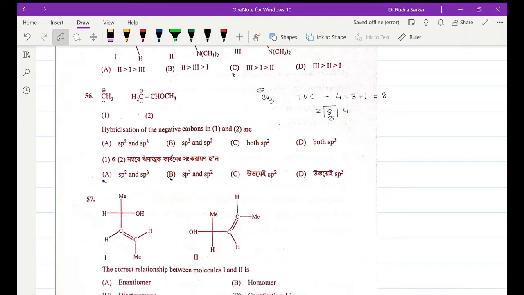And as discussed in the solution of this particular paper, whenever the steric number is equal to 4, the hybridization corresponding to that will be sp3. Similarly, we can consider this group over here also as a 1 electron donor. So for that also the total valence electron count is similarly 8, and hence this also will be having the hybridization as sp3. So we will say the answer over here is both sp3.